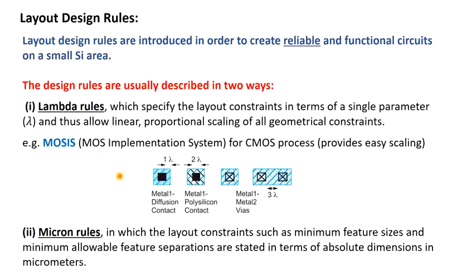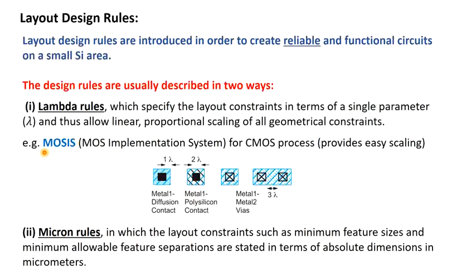From this also you can easily understand how the lambda based design rule can provide easy scaling. Here one question might arise in your mind, what is this lambda? Lambda is a specific length for a particular technology node, and the minimum feature size for a particular technology node will be given by 2 lambda.